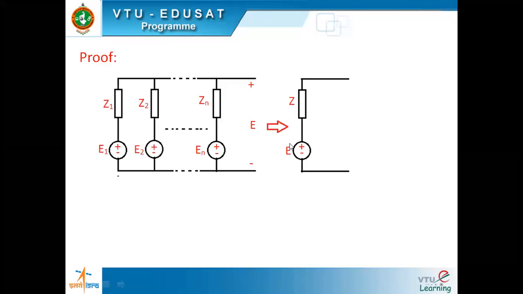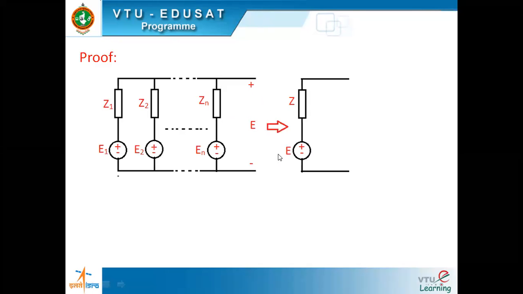In Thevenin's network, we have found out E. That means we have found out this open circuit voltage. See, this is the voltage across the open circuit terminals. So this is open circuit voltage if you talk in terms of the Thevenin's theorem. Or if this is open circuit voltage, this has to be Thevenin's impedance. Since we are dealing with the impedances here, it is Thevenin's impedance. If you deal with resistance, it is Thevenin's resistor. Is that okay with you?